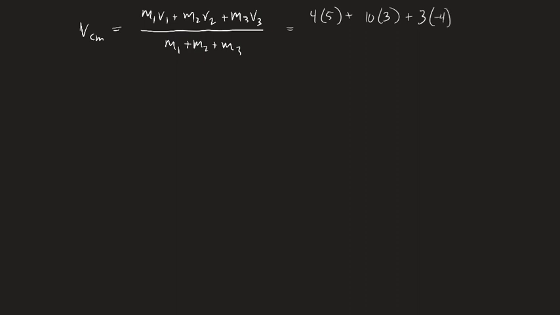So 2 carts going to the right. I have made to the right positive, and then this is just 4 plus 10 plus 3, that's 17. So that's 50 minus 12, 38 over 17. That's 2.2 meters per second.